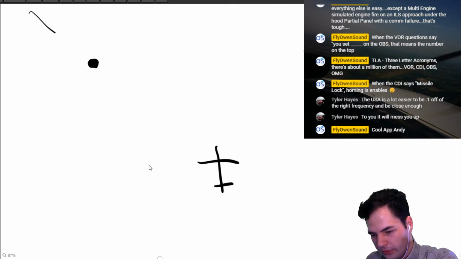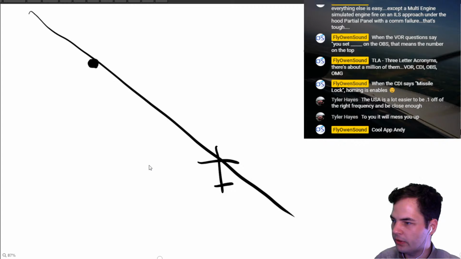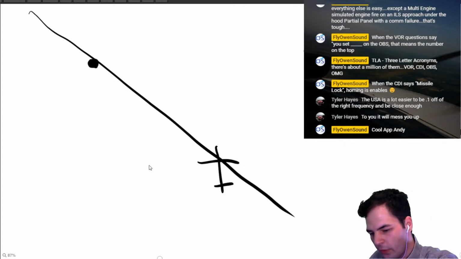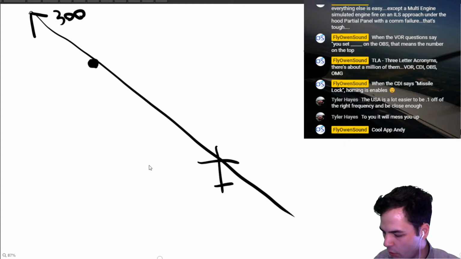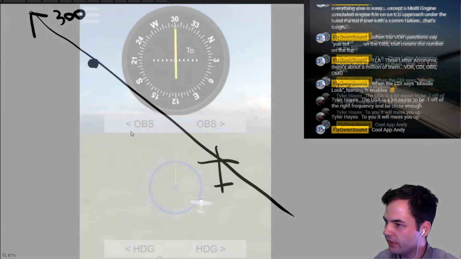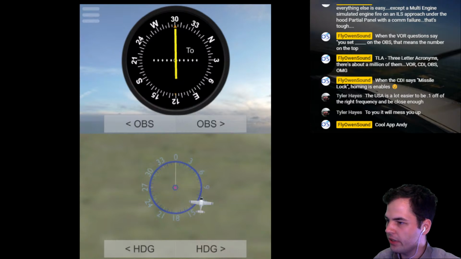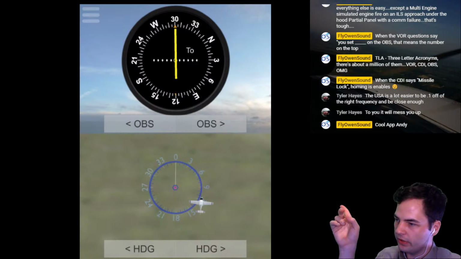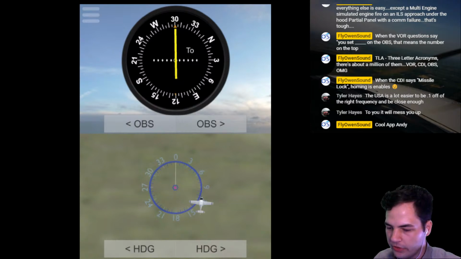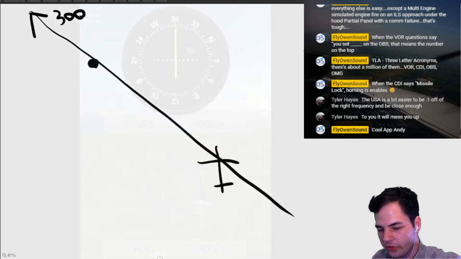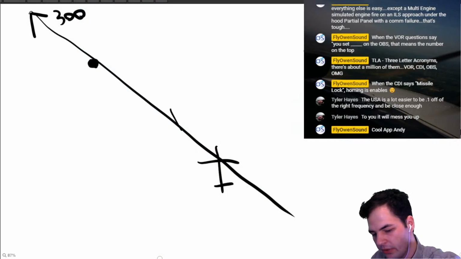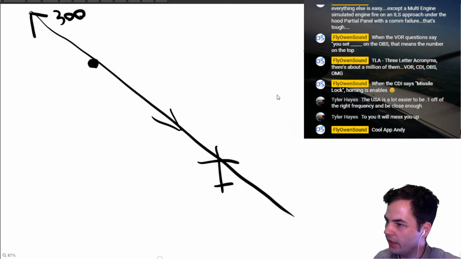I turned the dial until the needle in the cockpit lined up. That just so happens to be 300 degrees this way, and the reciprocal of that, down at the bottom of the gauge, is 120 degrees. So 120 degrees is my bearing from the VOR.